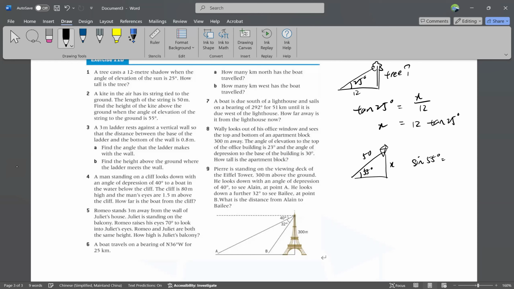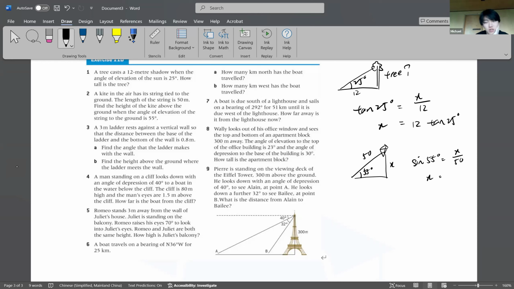So x over... oh my God, this is wrong. It's h over 50 and equals sine 55. Okay, look, sounds right.